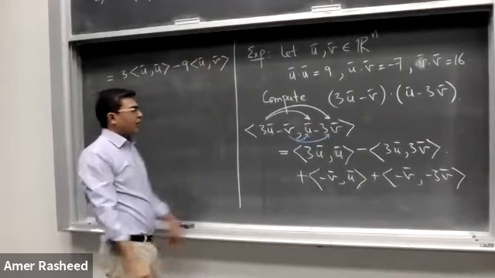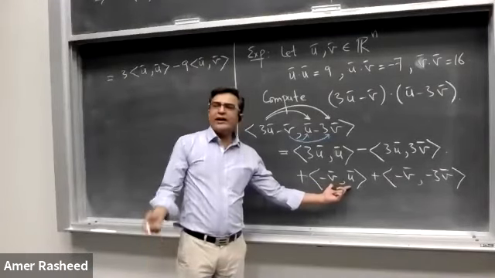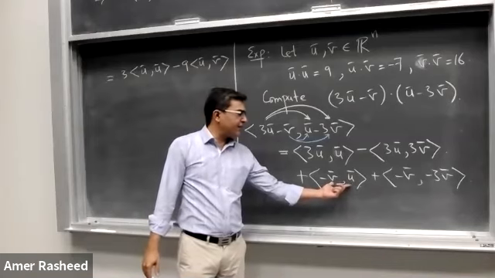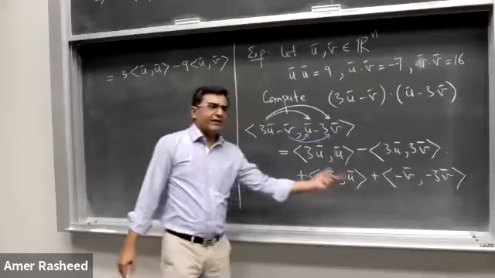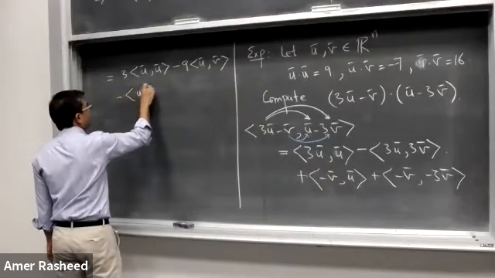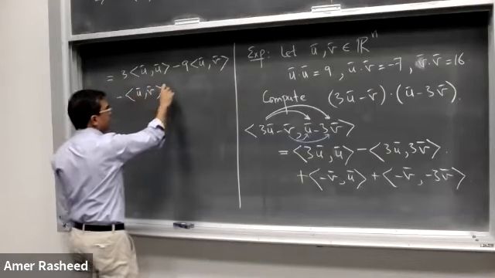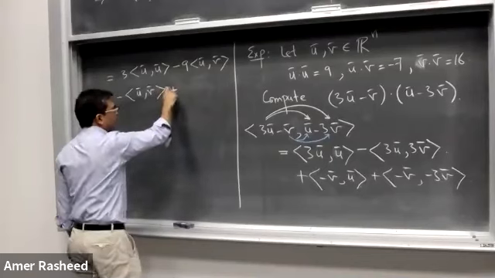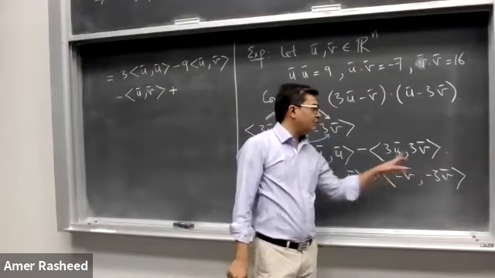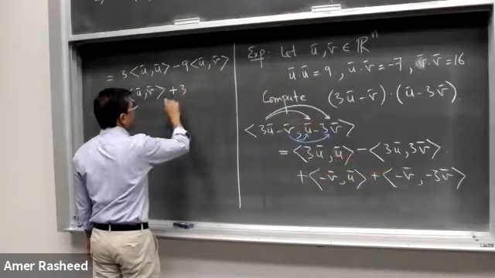And then this one, you can take negative outside, and then v, u is commutative because the inner product is commutative, so we can write it u comma v. So this becomes negative u comma v. We have used here the commutative property of inner product. Plus, a negative sign out from here and negative 3 from here, so it becomes negative 1 times negative 3, which is positive 3.